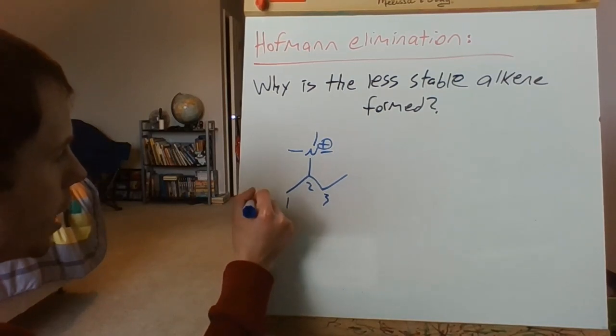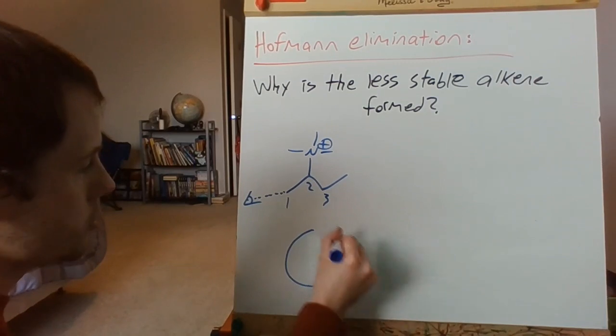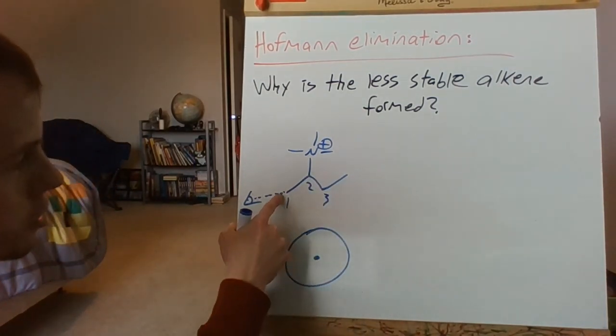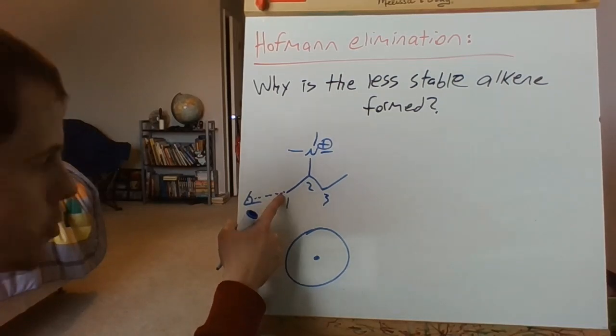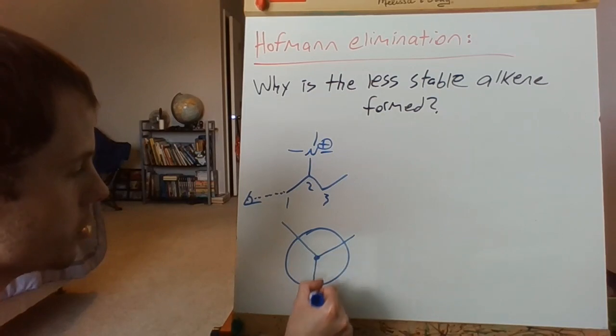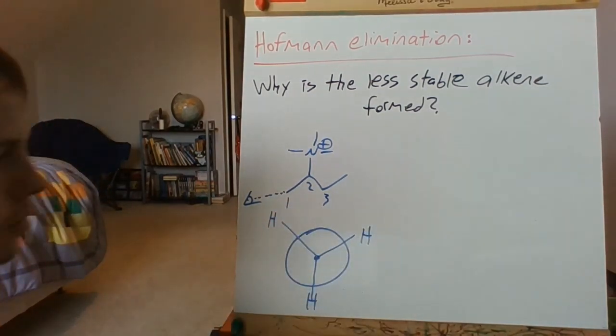So if we draw our Newman projection looking down this bond, remember this circle represents the back carbon. The dot in the middle represents this front carbon. This front carbon has 3 hydrogens on it, and so it doesn't really matter how we draw this out. Like this.